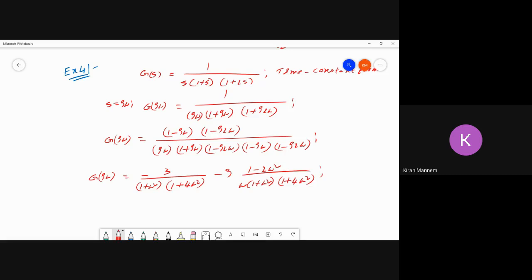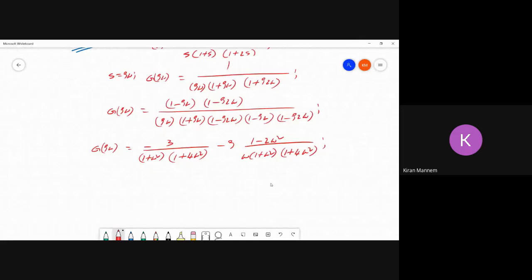So I separated the terms. Once you know the procedure, you can do it quickly. When omega equal to 0, G of j0 would be minus 3, minus j, and of course it is 1 by 0, so it will be infinity.